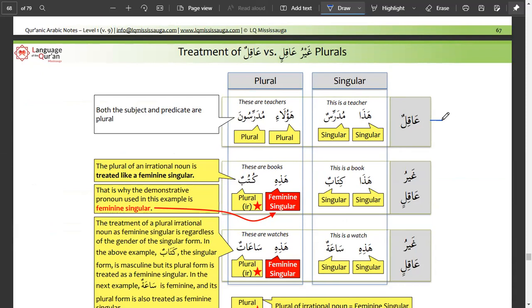They are the rational beings. And what is the ghair aqil? Ghair aqil is irrational being, like animals, plants, things, particles, and so on. They are irrational beings, ghair aqil.